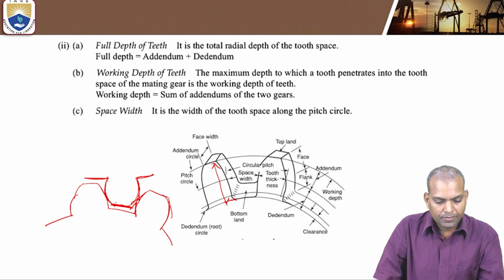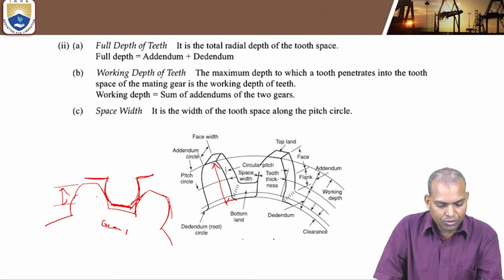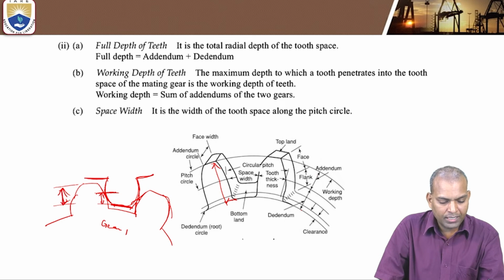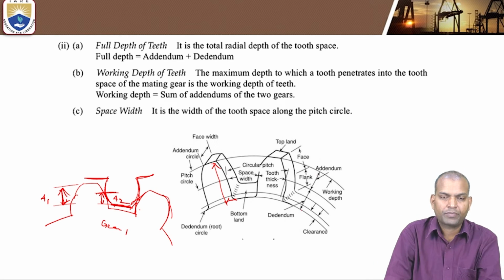Working depth is the sum of addendums of the two mating gears. Here, this is the addendum for this gear, gear 1. For gear 2, what is the addendum? This is the addendum. The sum of these two addendums is known as working depth.